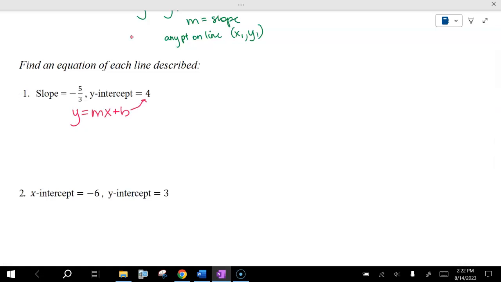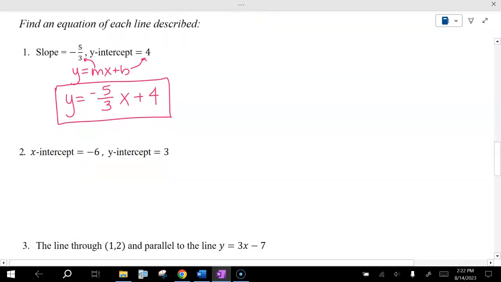Our y-intercept is 4, our slope is negative 5 over 3, so we just literally dump that into the equation. Our equation of the line is going to be y equals negative 5 thirds x, and then plus our y-intercept, which is 4.